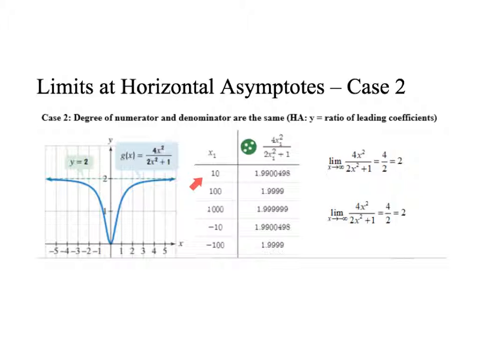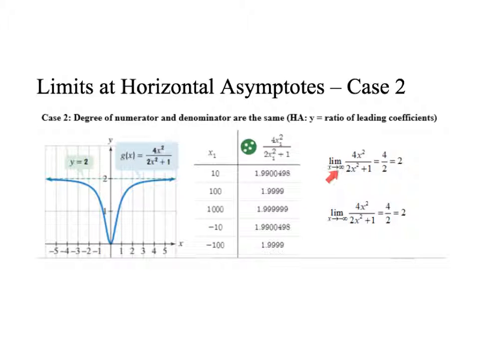We put in larger and larger numbers, and already when you're even at 100, it looks like you're getting very, very close to y equals 2. And same in the negative direction, getting very close to y equals 2. Still positive 2 on both sides when you're going to positive infinity or to negative infinity.